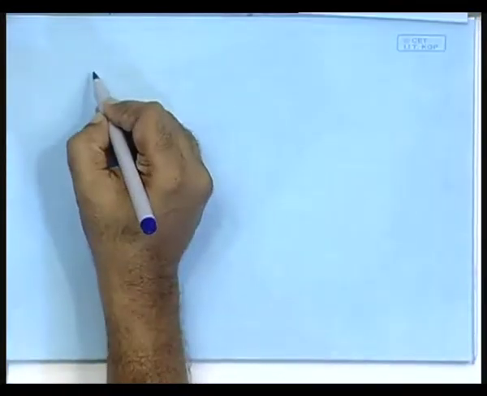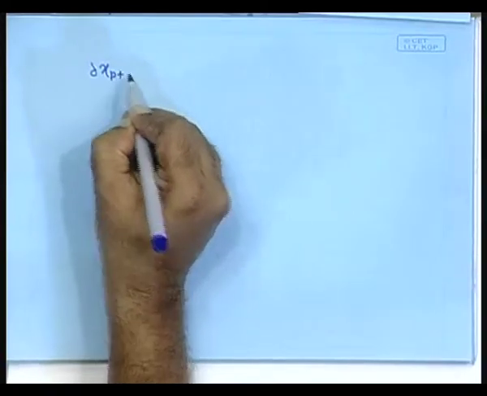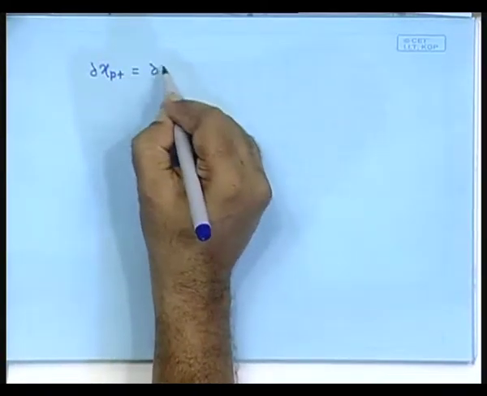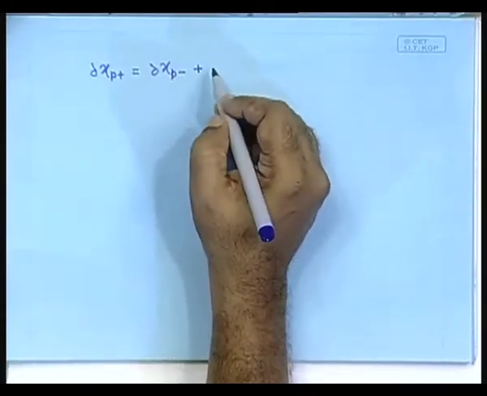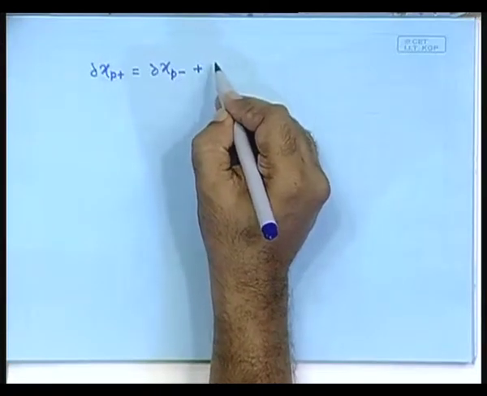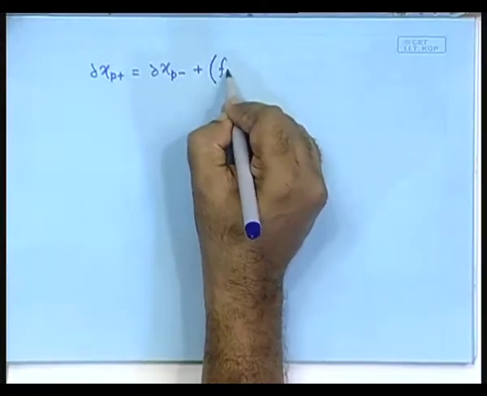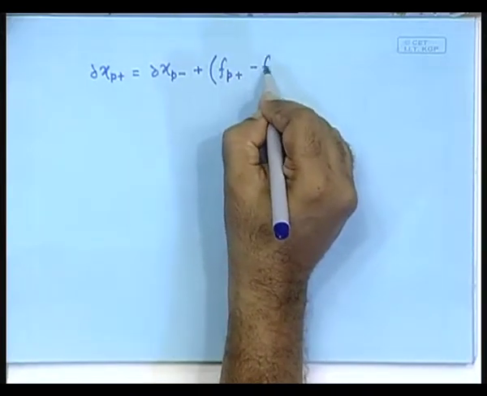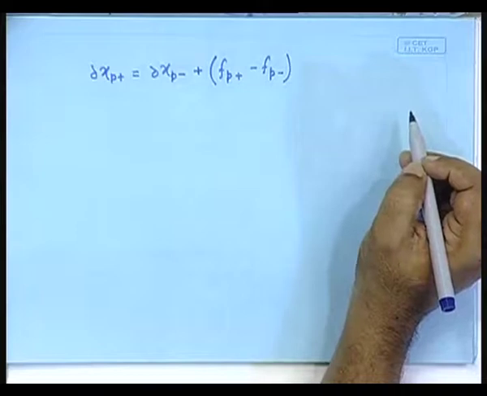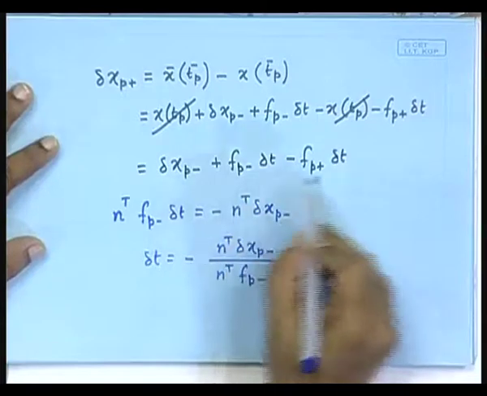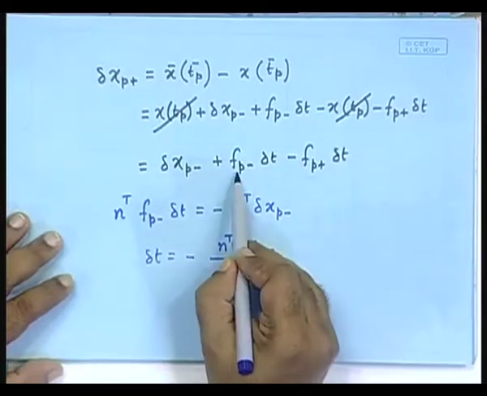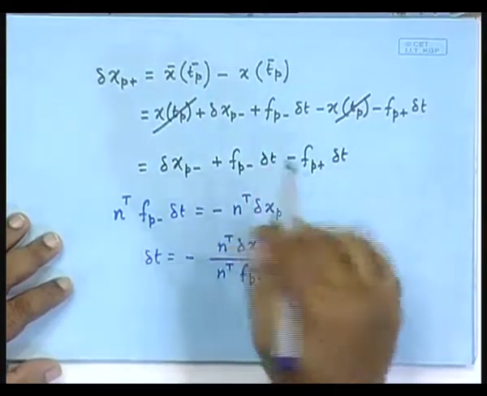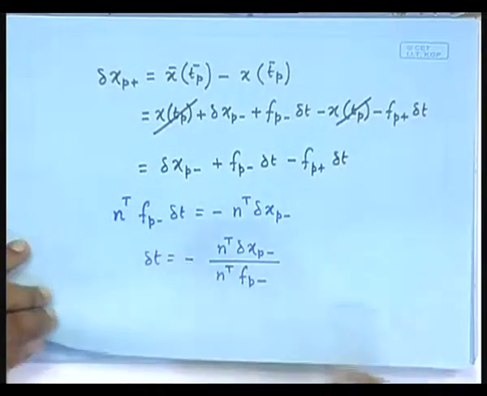Just keep this in mind. Okay, I will write here, delta x p plus is equal to delta x p minus plus, okay, f p plus minus f p minus times, see, times minus delta t. Can you see? If you take delta t out, it is f p minus f p plus. We are putting the negative sign out, so that this gets cancelled off.